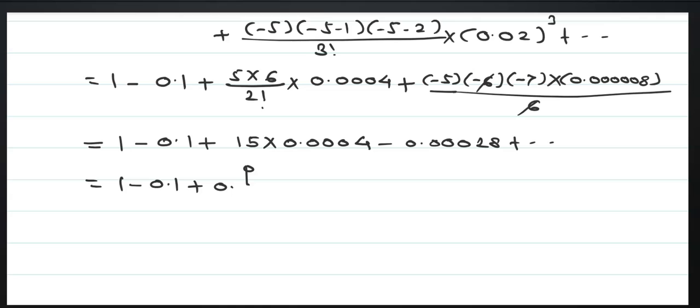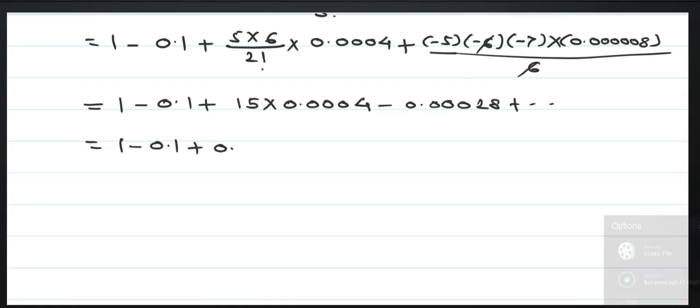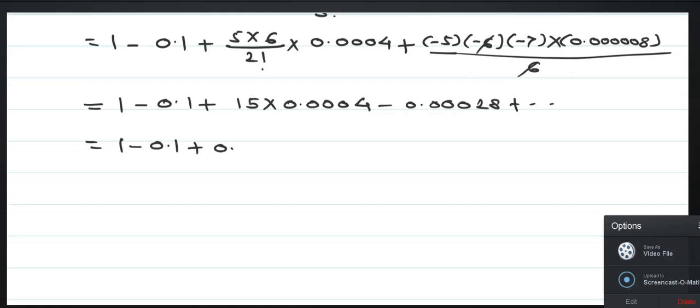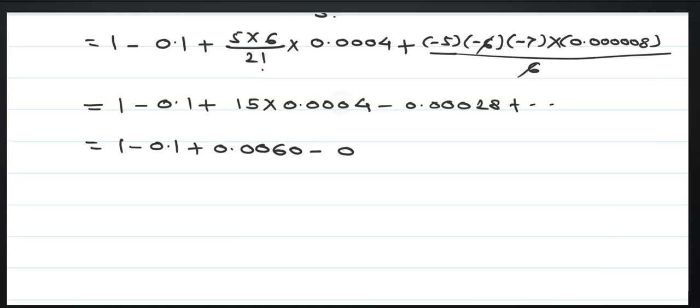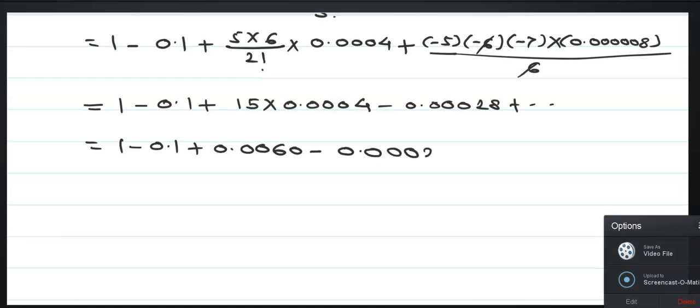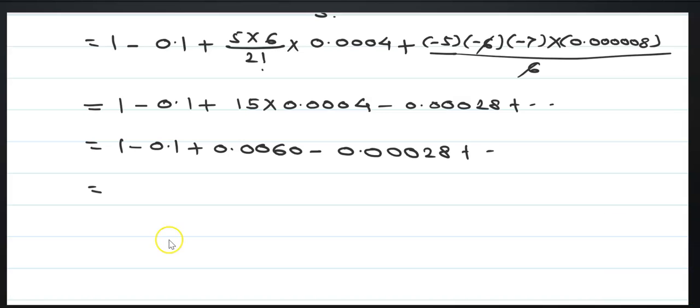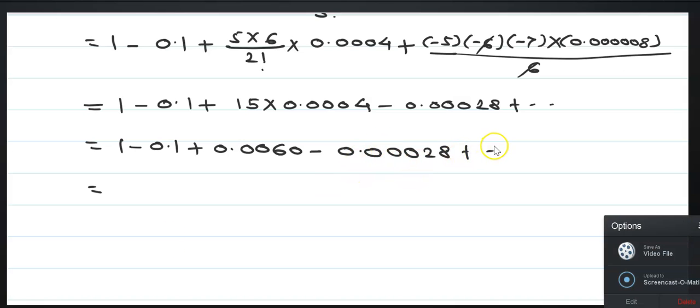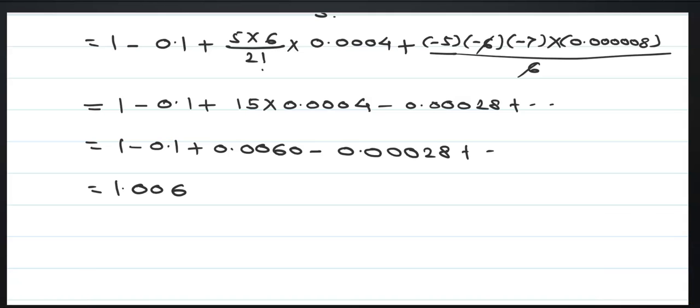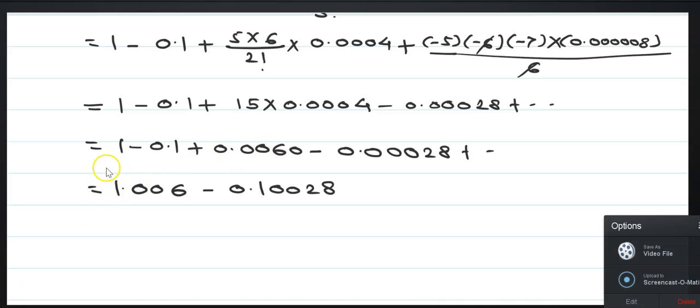Therefore 1 minus 0.1 plus 0.0060 minus 0.00028, and overall you will get the answer. Add the positive terms, that is 1 plus 0.0060.